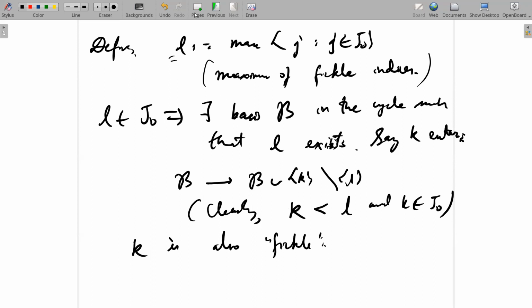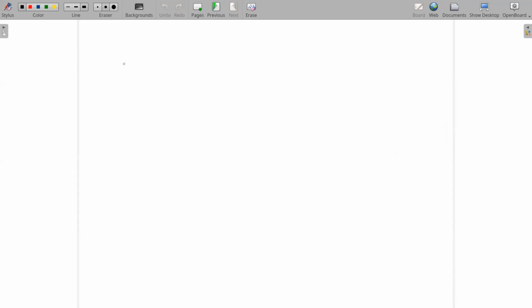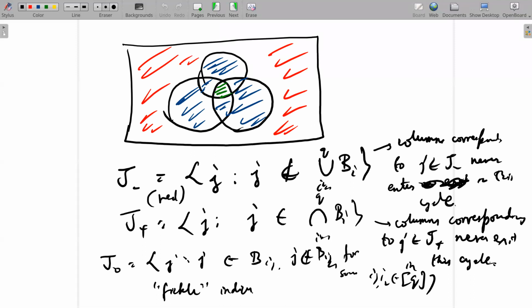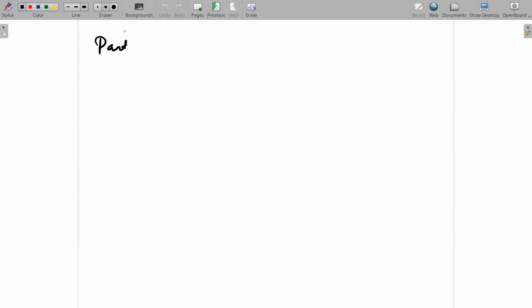Okay, so now we are going to partition the indices. Here the partition was just identifying which part is important. J minus and J plus are not that important. J naught is the one where action is happening. Essentially we want to partition J naught into parts where we'll try to understand how the modified cost behaves.